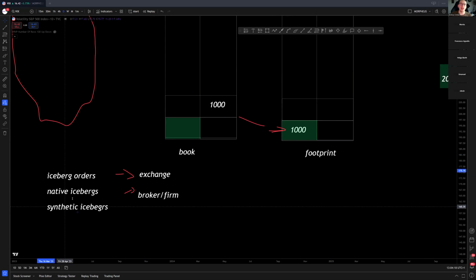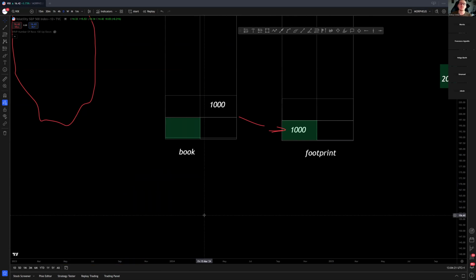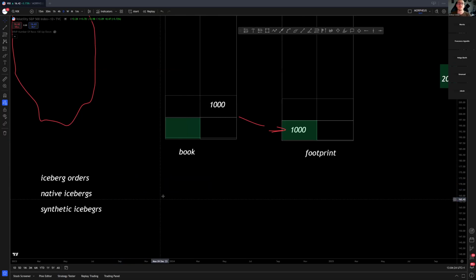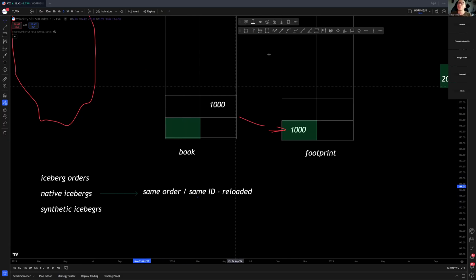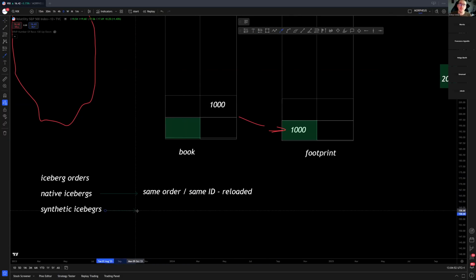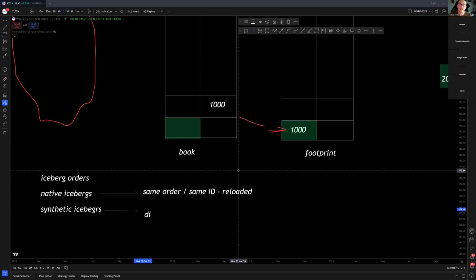And native icebergs, which are provided by the exchange, basically work like this. The iceberg, every little 20 contracts that we've seen here, which is actually 1,000, you know, there's 20, 20, 20, 20. Every one of those 20 is actually the same order with the same order ID, simply being reloaded. With synthetic icebergs instead, every order has a different ID.